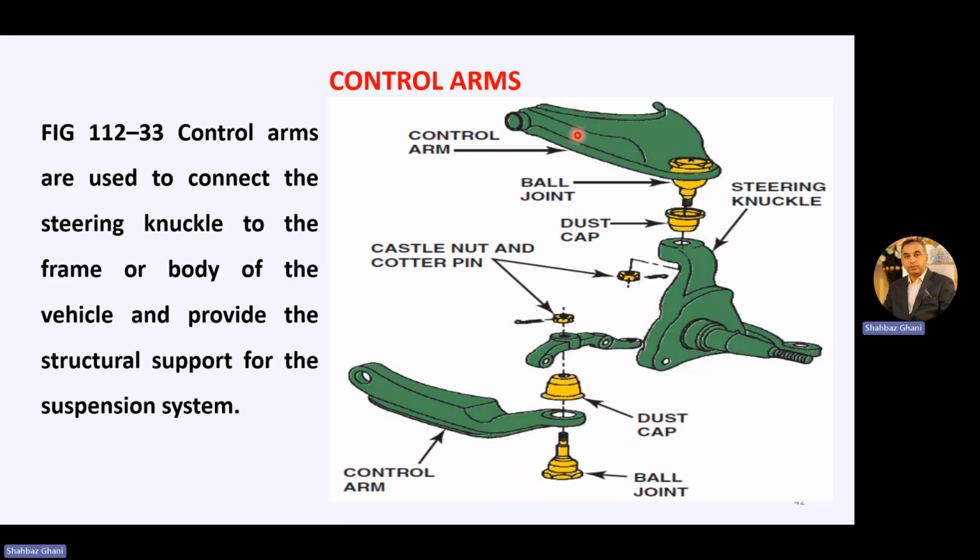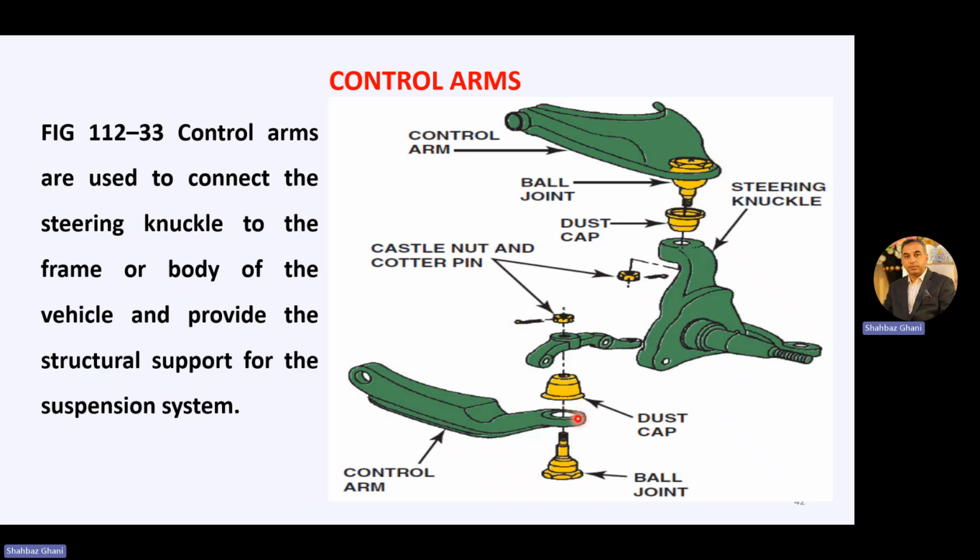This green portion is known as the upper control arm, and this lower one is known as the lower control arm. And it is joined with this steering knuckle, and here we have this wheel flange. Okay. And this yellow portion is the ball joint along with this dust cap and castle nut and cotter pin. Same goes for the lower control arm.